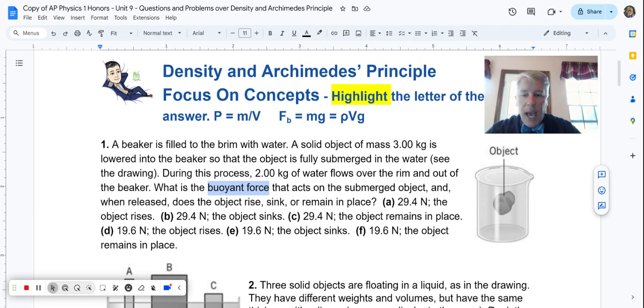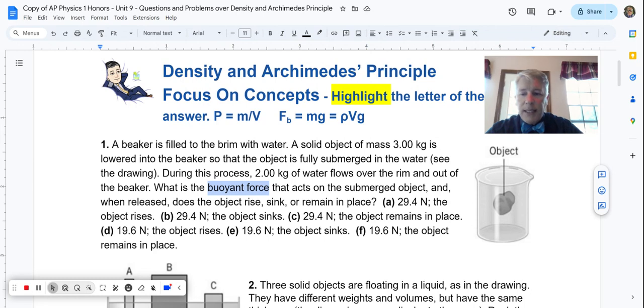So we have 19.6 in D, E, and F. It's not A, B, or C. What is 29.4 newtons? 29.4 newtons is the weight of the actual object. It doesn't say it's a rock, but it kind of looks like a rock. 3 times 9.8 is 29.4. So that's why A, B, and C have 29.4. That is not the buoyant force, that's the weight of the actual object. It's going to be important in just a moment.